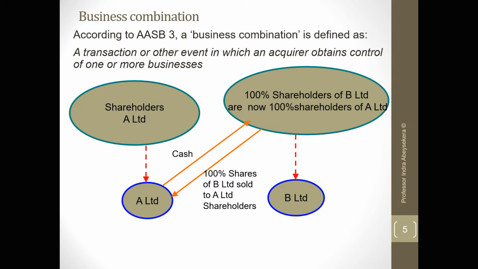So effectively A Limited has the same ownership as B Limited, and as a result of that, A Limited can control B Limited through operating and financial decisions.